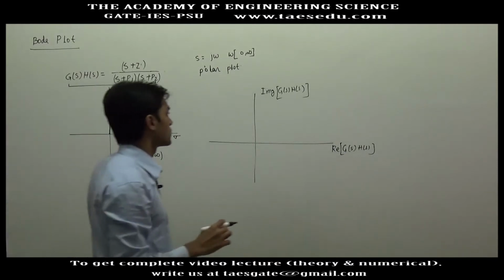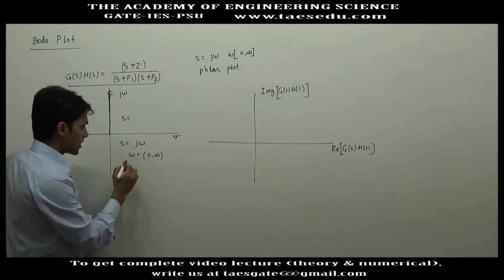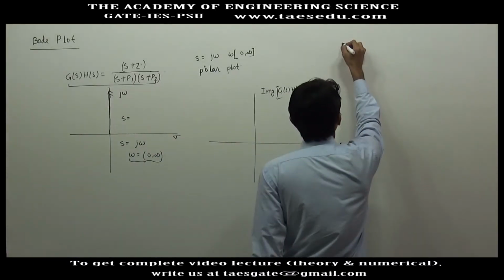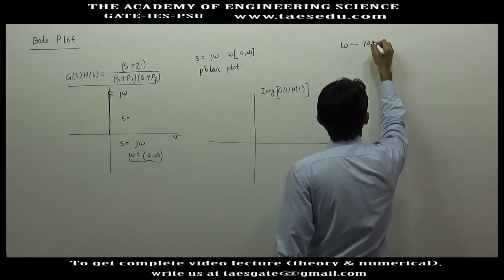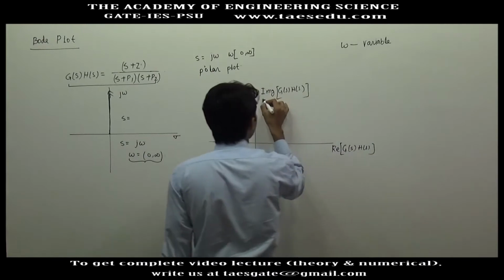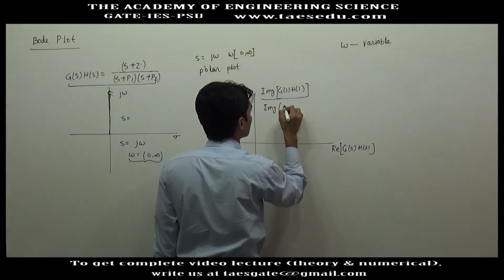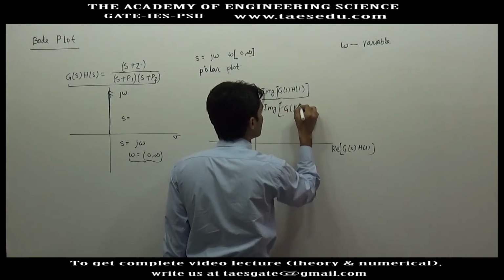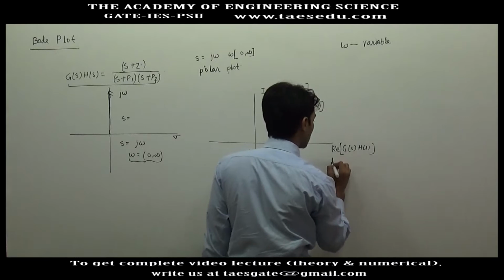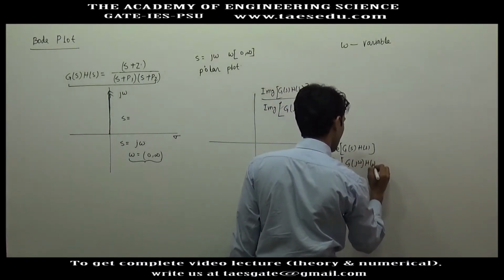So in case of Nyquist plot, on the j omega axis we vary the angular frequency. Omega is variable, and imaginary part of G(S)H(S) will be nothing but imaginary part of G(j omega)H(j omega), and here we will have real part of G(j omega)H(j omega).